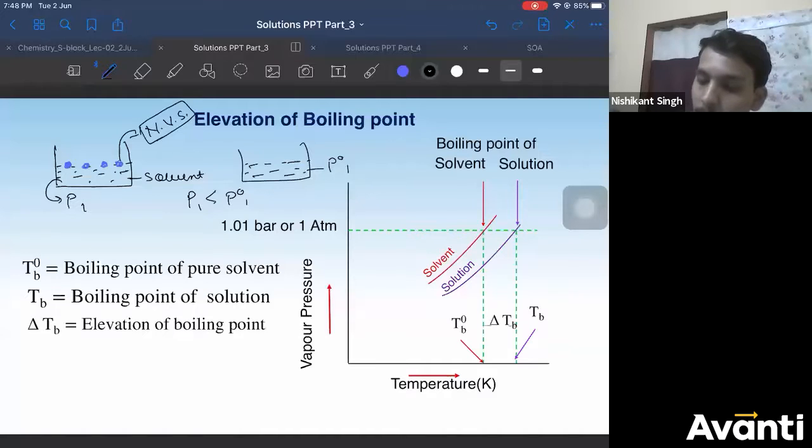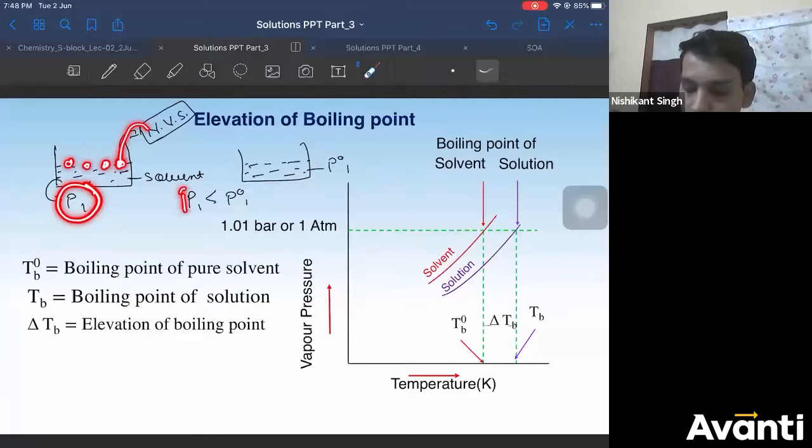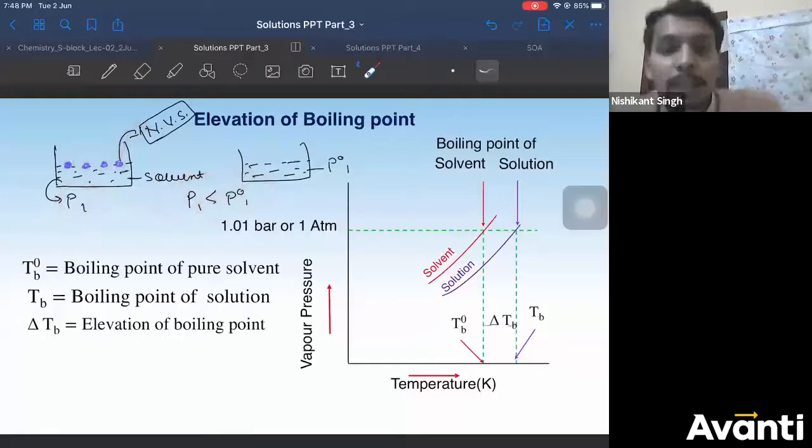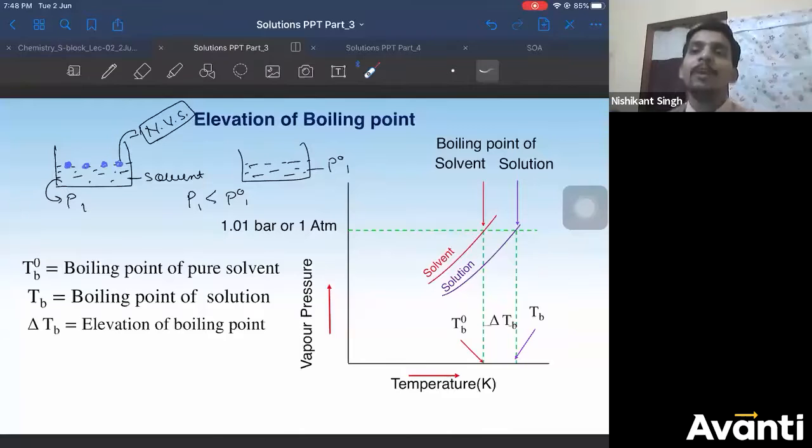So that means when you add some non-volatile solute to the solvent, the vapor pressure of the solvent decreases. We had discussed it yesterday, correct? So see carefully, if vapor pressure decreases, what will happen to its boiling point? Will it increase or decrease? If vapor pressure decreases, boiling point will increase, right?